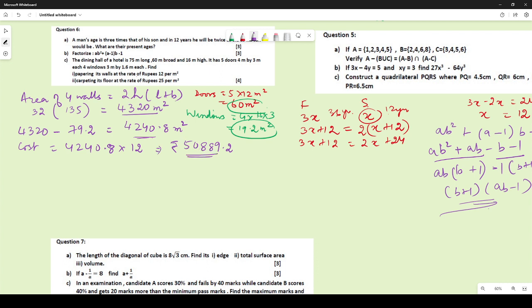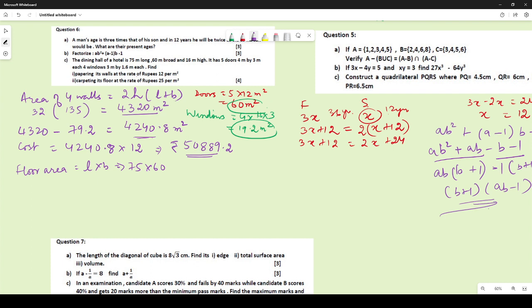अभी कारपेटिंग द फ्लोर. तो फ्लोर का एरिया तो सीधा सीधा है, फ्लोर एरिया इज इक्वल टू लेंथ इंटू ब्रेथ. व्हाट इज द लेंथ? लेंथ इज 75, ब्रेथ इज 60 meters. So what do you do over here? 75 into 60, right?